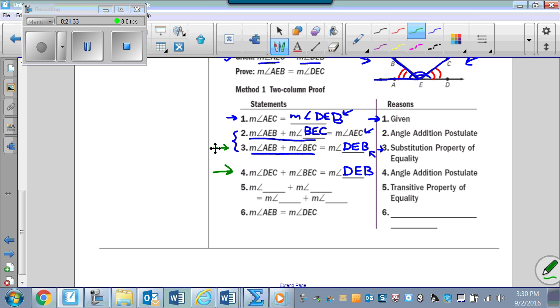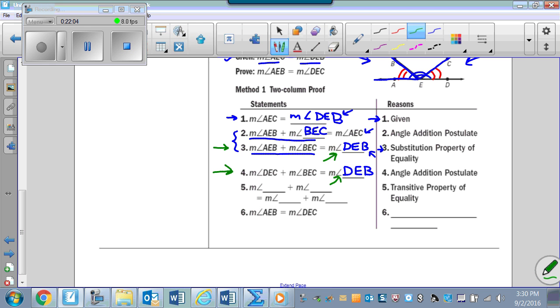In statement number 4, I have the measures of two angles. The sum of those measures equals the measure of angle DEB. So in statements 3 and 4, I have two different quantities, and they both equal the measure of angle DEB. What does the transitive property tell me? Well, it tells me that these two quantities on the left in statements 3 and 4 are actually equal to each other. That is the transitive property.